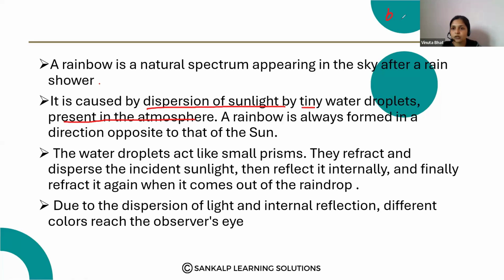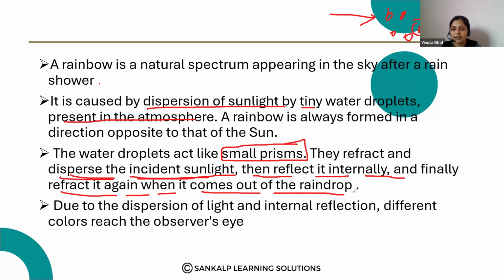These water droplets act as small prisms. You know how prisms scatter the sunlight, so they refract and disperse the incident sunlight. When the sunlight falls on these water droplets, they refract and disperse the incident sunlight, then reflect it internally, and finally refract it again when it comes out of the raindrop.